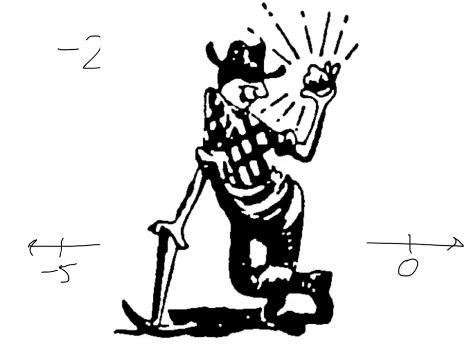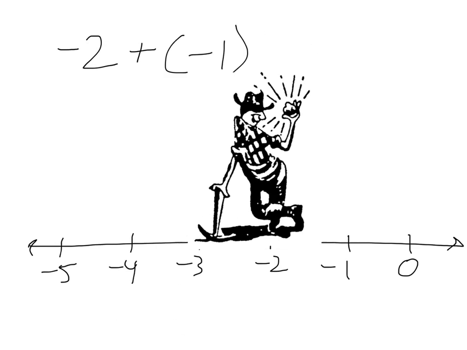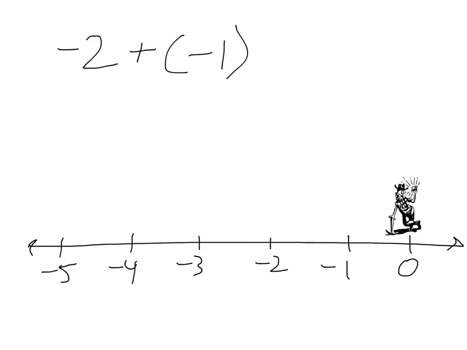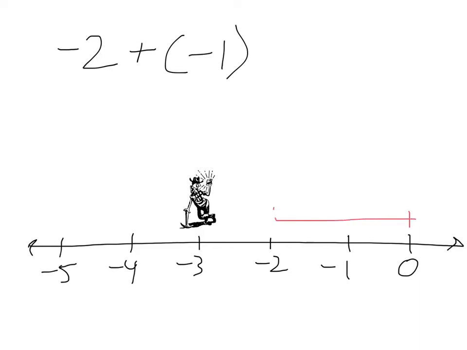We will paste him in here, lower him down, move him over to the 0. And negative 2 plus negative 1 says walk backwards 2. And then walk backward another 1. And that puts us to our negative 3. So we started by going backwards to negative 2, and then went backwards another 1 to negative 3.